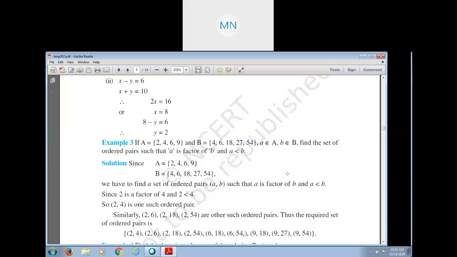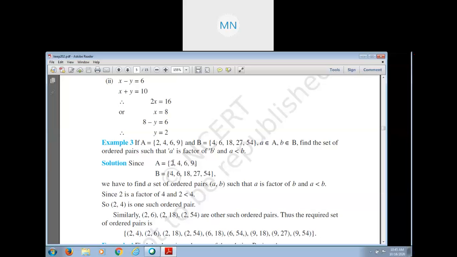Now we are interested in finding the set such that a is a factor of b and a is less than b, where A is 2, 4, 6, 9 and B is this one. Can you find the set of ordered pairs? Ordered pairs means you take the first element from A and the second element from B. So take 2.